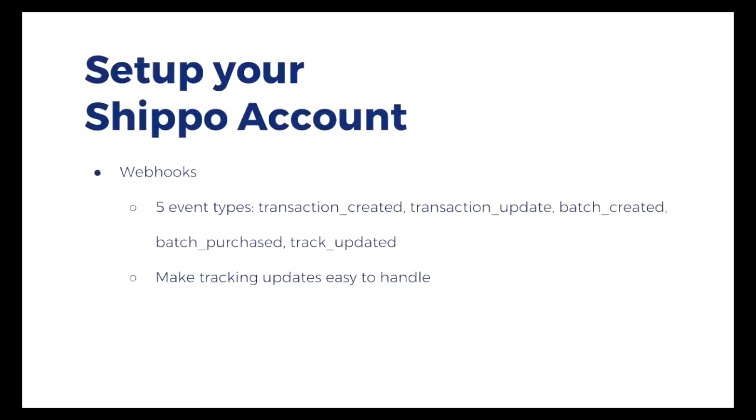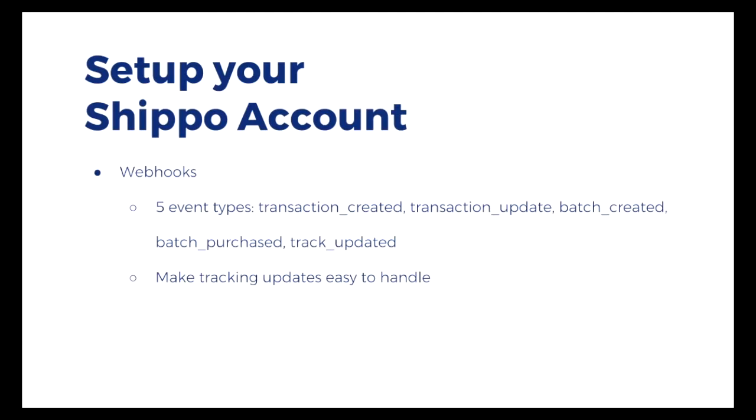The last part I want to touch on when we come to setting up your account is the webhooks. So we have 5 different event types that you can actually track in Shippo. That's going to be your transaction created, transaction updated, batch created, batch purchase, and track updated.